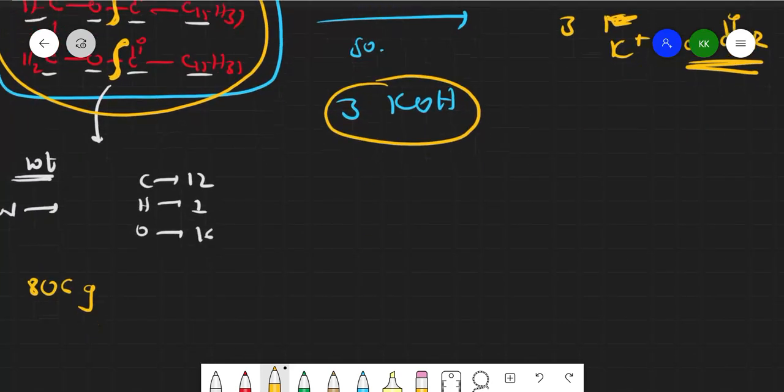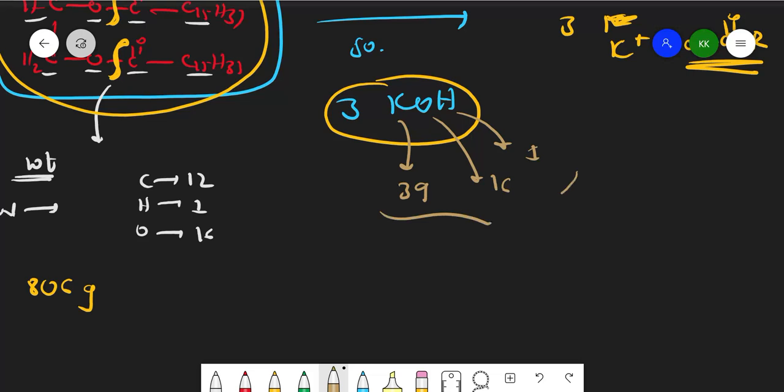So potassium, its atomic mass is 39, hydrogen is 1, and oxygen is 16. Just make the addition: 39, 16 and 1, so it is 56.